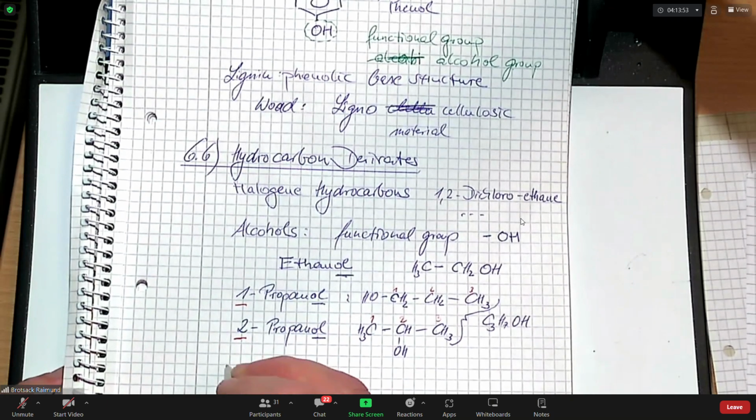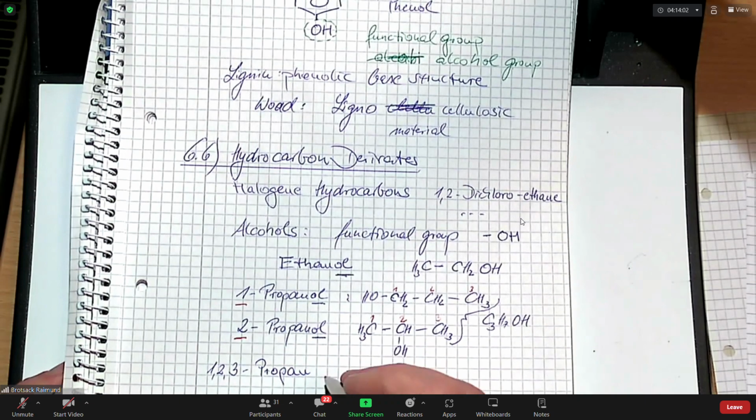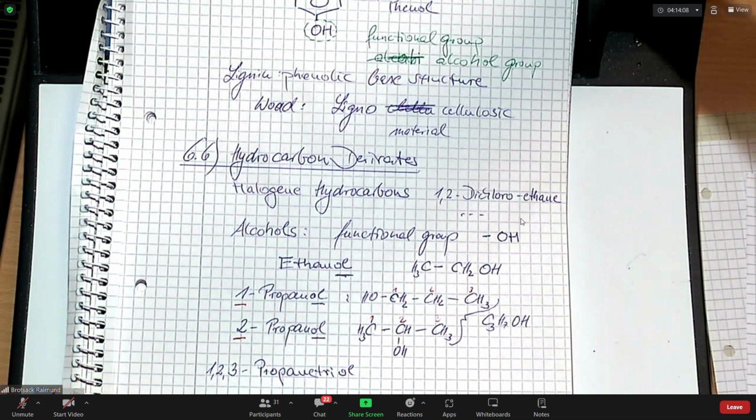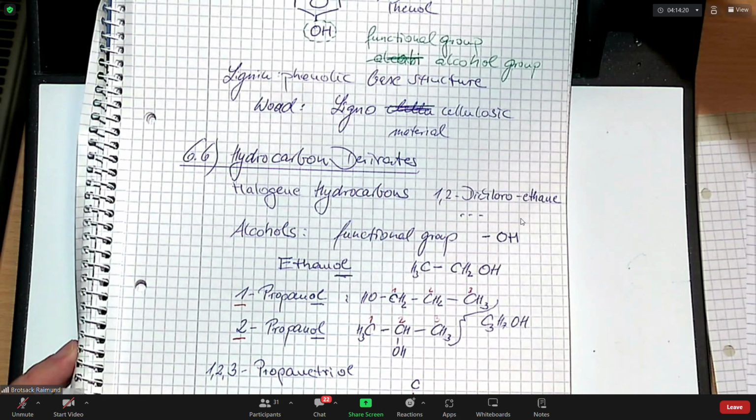For example, the 1,2,3-propanetriol. If we have to draw this one, this is the C1, 2, 3, and OH on the first, on the second, and on the third. And then we have here only hydrogen as additional partners in the bonding.